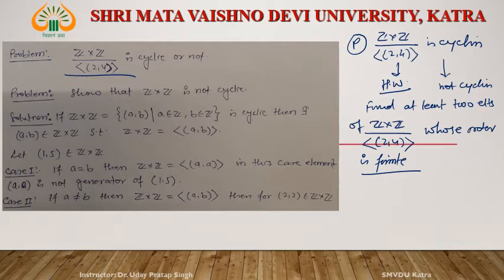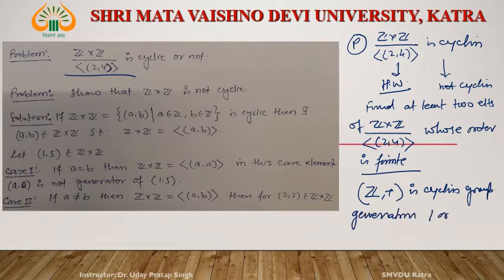Now come to another example. Before going to the next problem, let us see what is the set of integers with respect to addition. We know that this is a cyclic group. And what is the generator? The generator is 1 or minus 1.